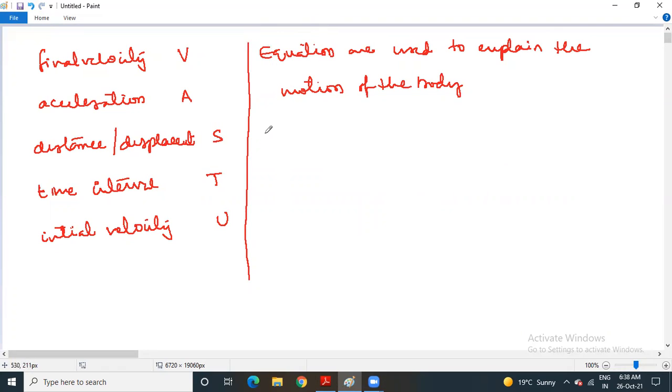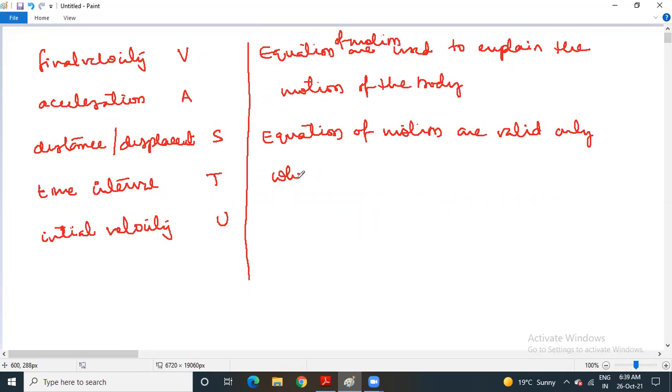And these equations of motion are valid only when the body moves with uniform acceleration.